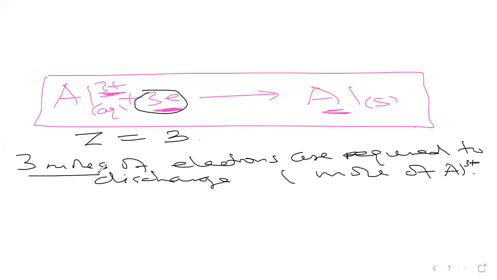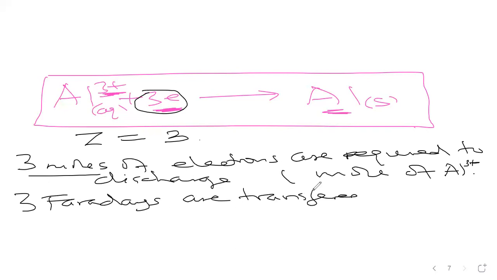The number of moles of electrons is always equal to the number of Faradays. So this implies also that 3 Faradays are transferred. A Faraday is a measure of electric charge also.